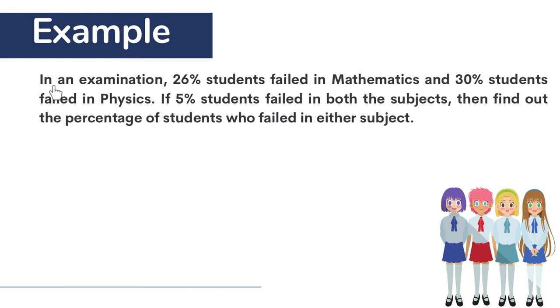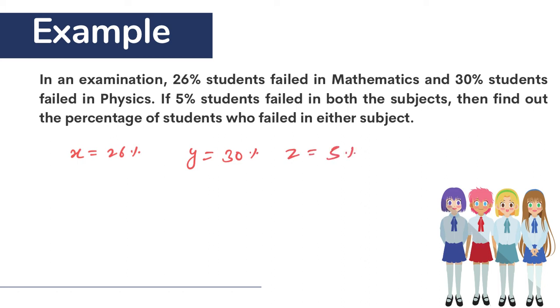The example says that in an examination 26% of students failed in mathematics and 30% of students failed in physics. If 5% of students failed in both subjects, find the percentage of students who failed in either subject. So what is the formula for either subject? Here X is 26%, Y is 30%, and Z is 5%.